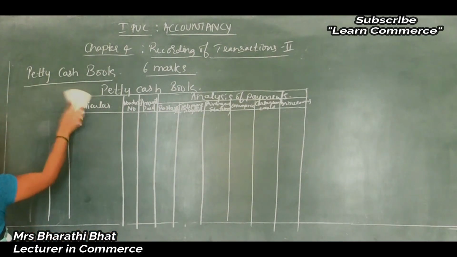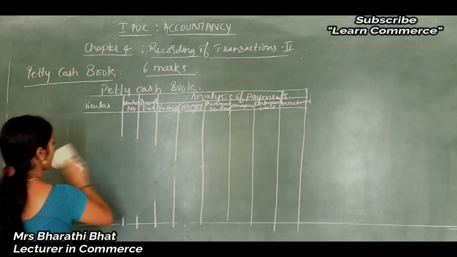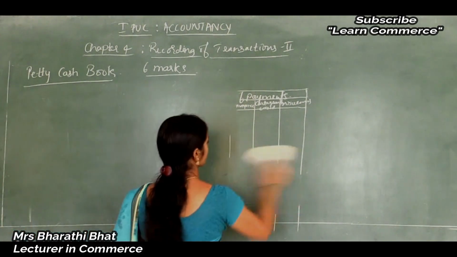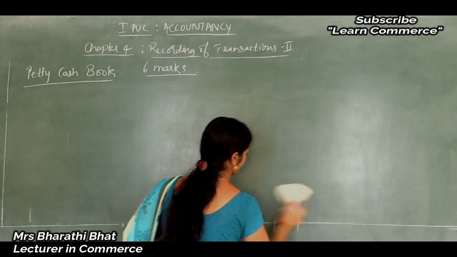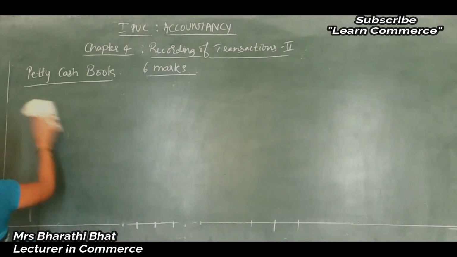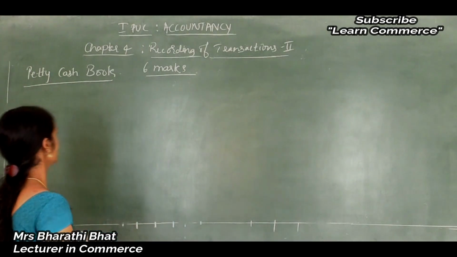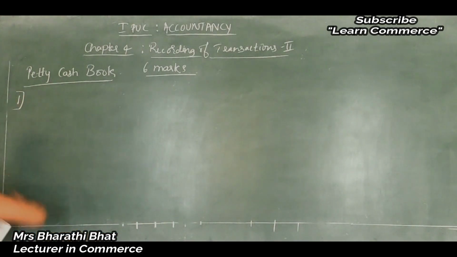Now I'll erase this and I'll write the question and redraw the columns, or else you'll get confused, that's why. So write down the first question under petty cash book.